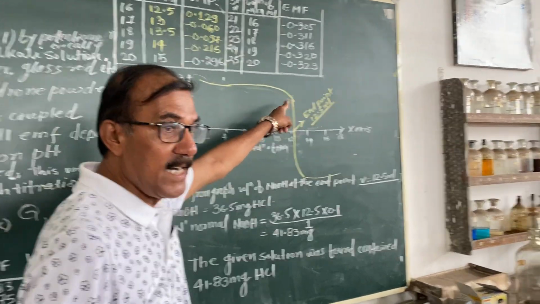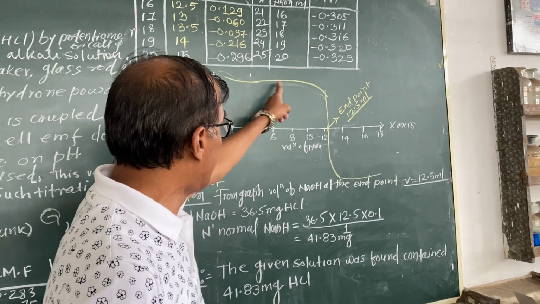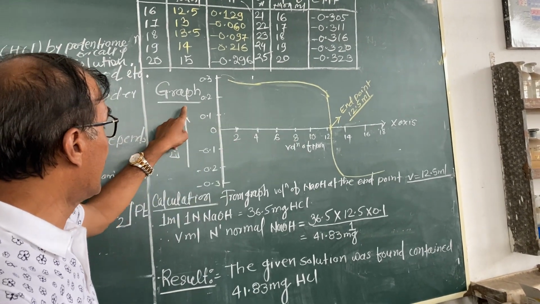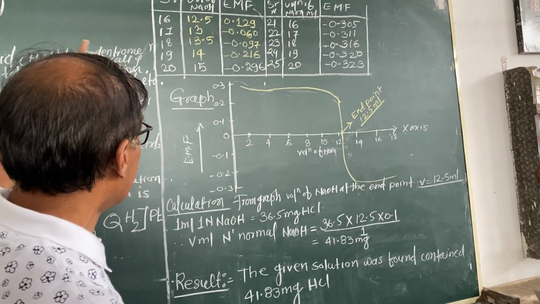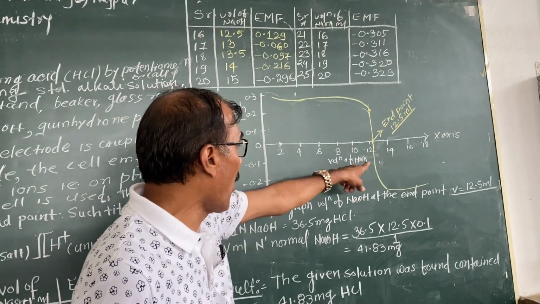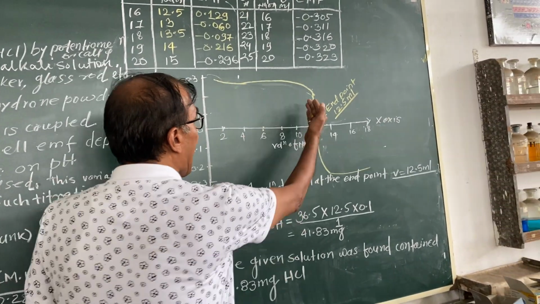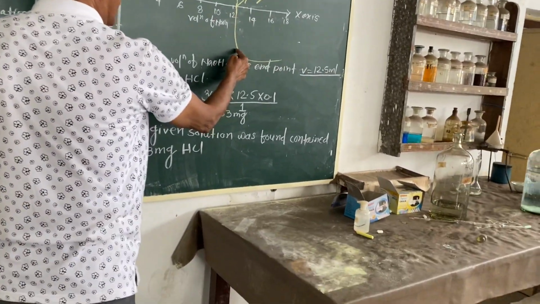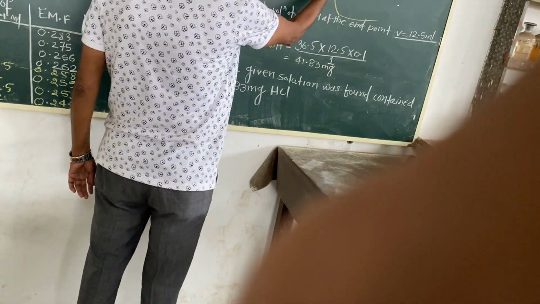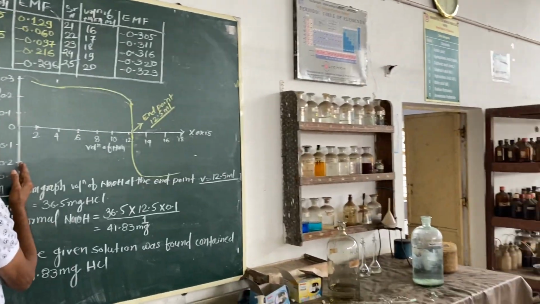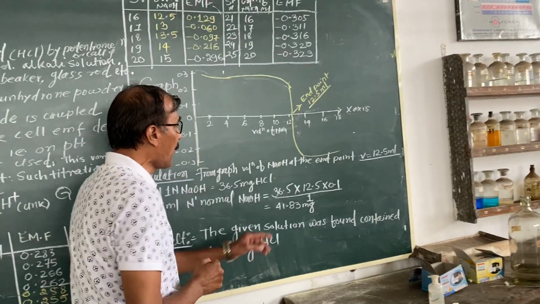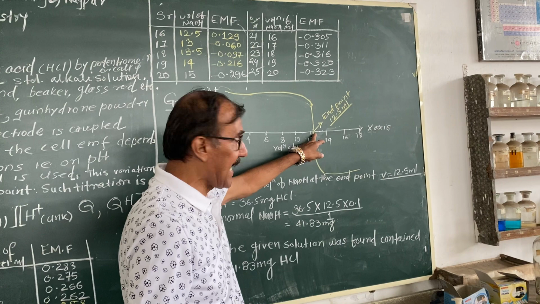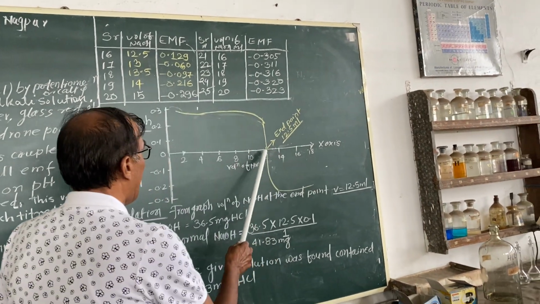There is a decrease in the potential, because this experiment is a strong acid against a strong base, and therefore this line is parallel to the y-axis, and you can take the end point here.